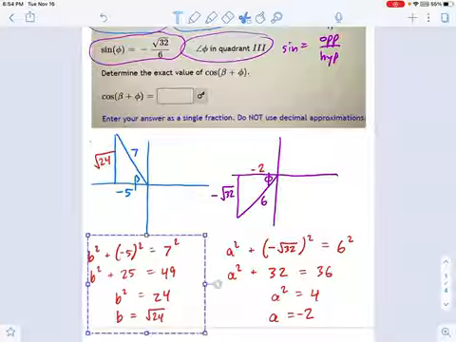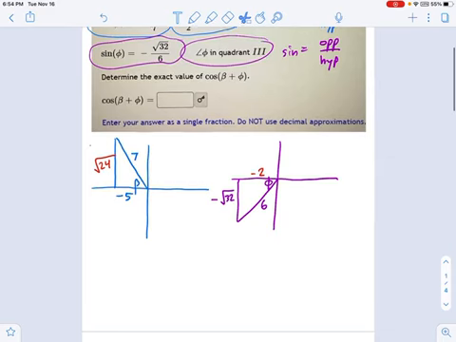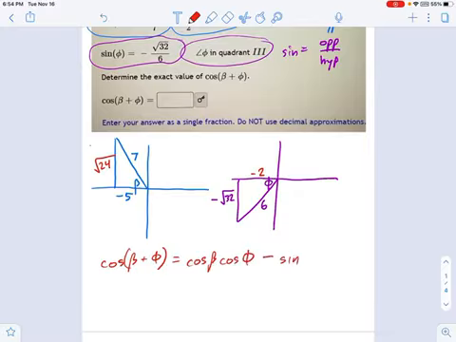Now it is time to go ahead and solve our problem. So cosine, if you remember, changes the sign. So that means cosine of beta plus phi equals cosine of beta cosine of phi minus, that's a sign change, minus sine of beta sine of phi. So now we just plug in these values from looking at the triangles. So cosine of beta, what's that?